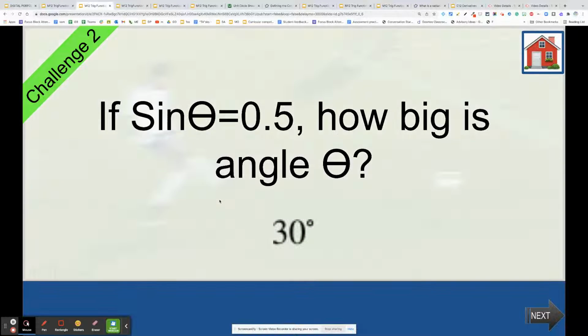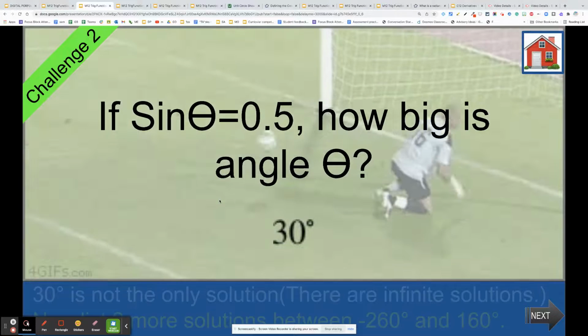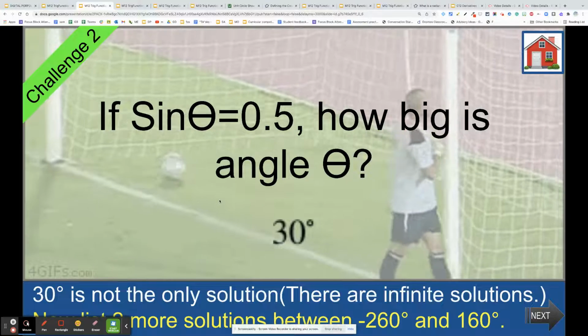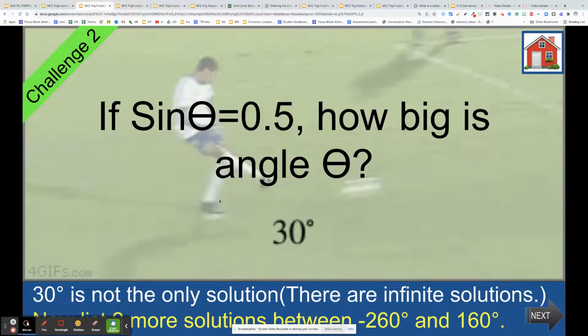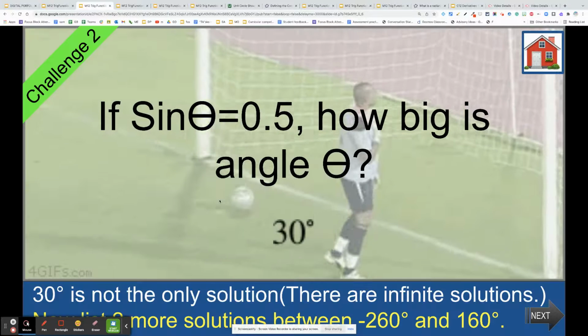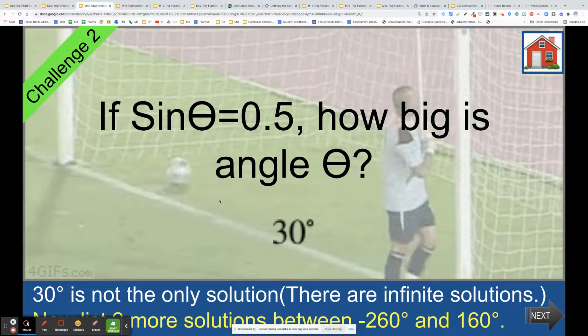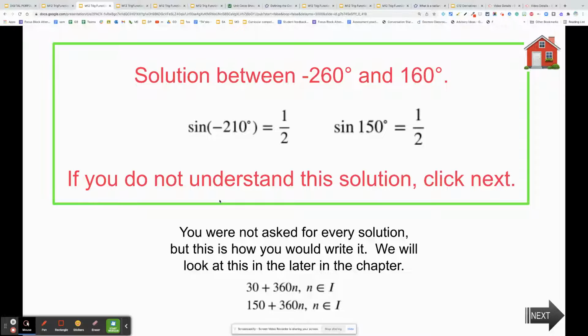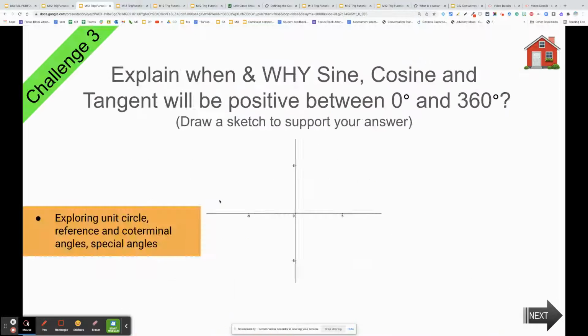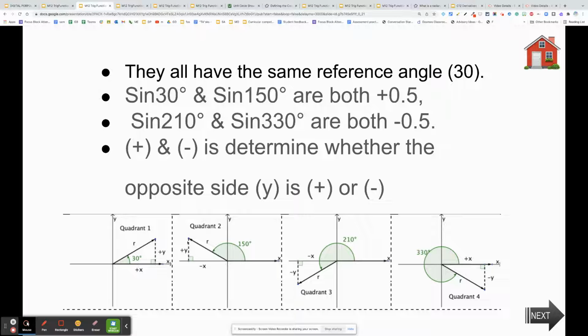I have a feeling a lot of you said 30 degrees. If you said 30 degrees is the answer, you would be no better than this goalie. He took his eye off the ball. Remember that with the sine, if the ratio is 0.5, there are many places in the Cartesian plane where the reference angle is 30.